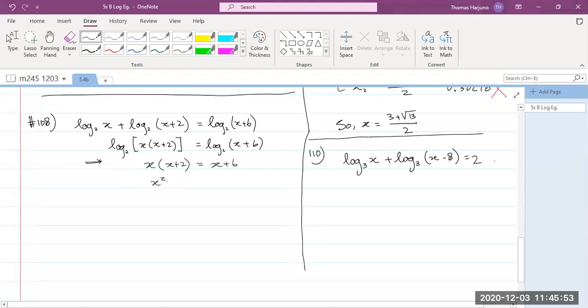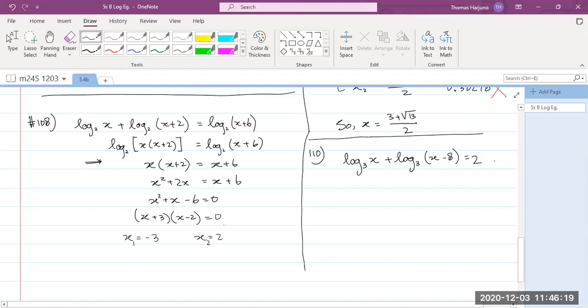So x squared plus 2x equals x plus 6. Set one side equals to 0. And oh, I can factor this. So (x plus 3)(x minus 2) equals 0. I get x equals negative 3, x equals 2, right?